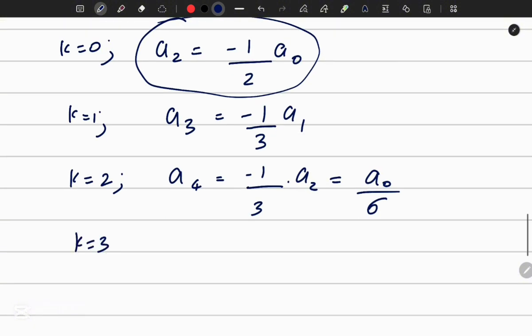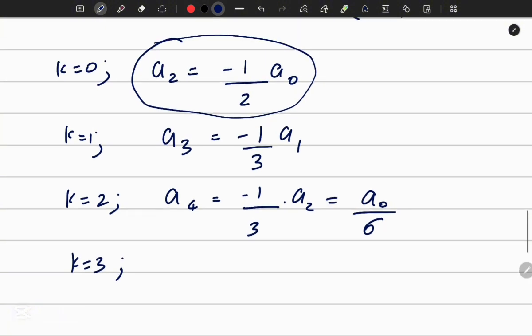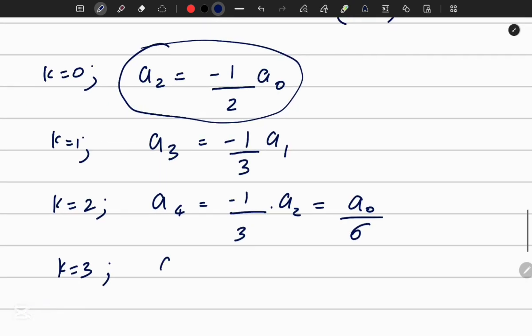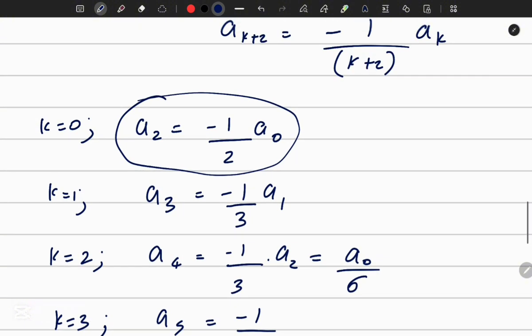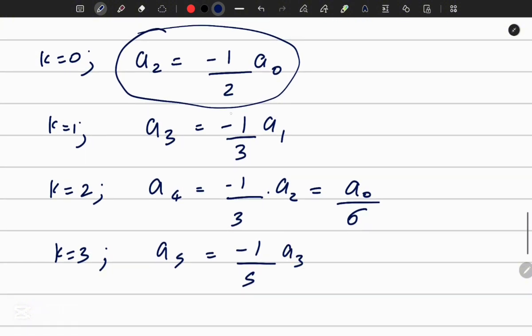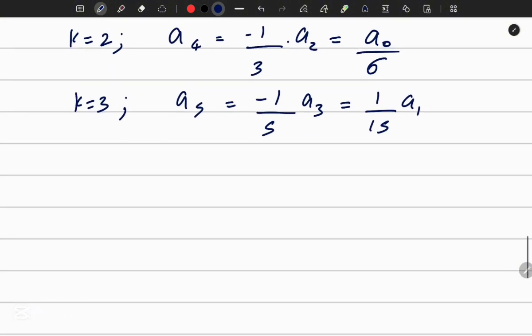When k equals 3, a5 equals minus 1 over 5 a3, and a3 is minus 1 over 3 a1, so this is 1 over 15 a1. Similarly, I can write a6 for k equals 4. I think this is sufficient.